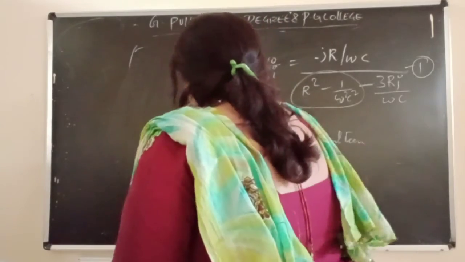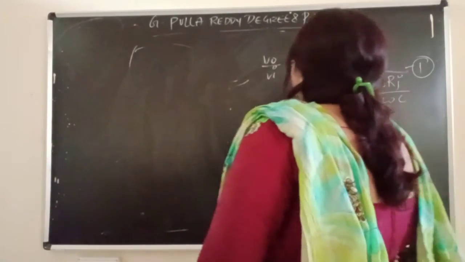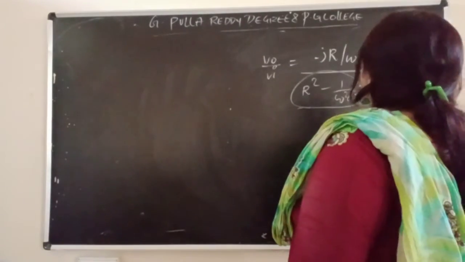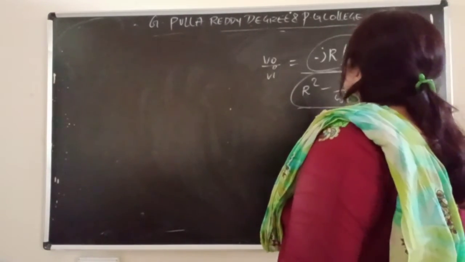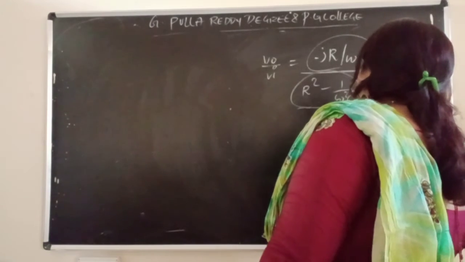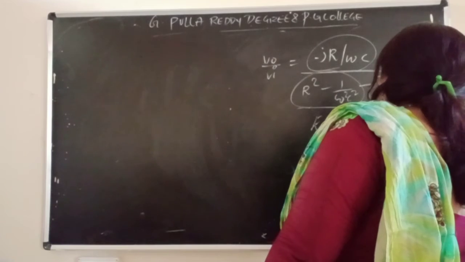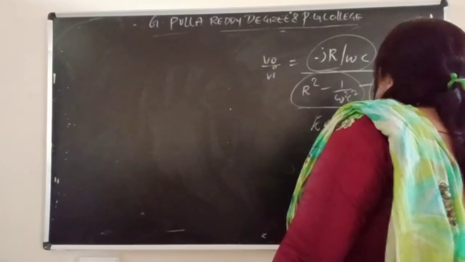At which point will you get sustained oscillations? Now I will operate only on these J terms, equating the imaginary terms.